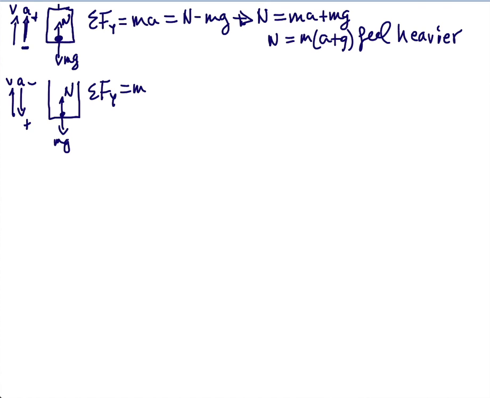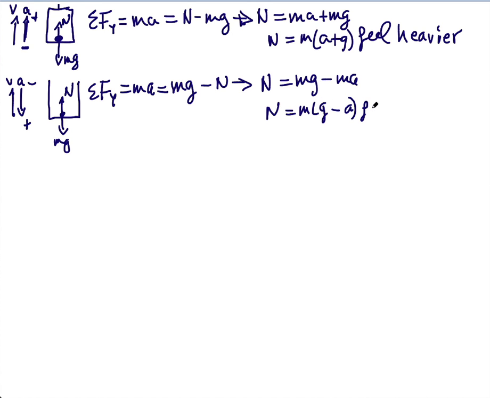You're accelerating, but this time the acceleration is down, which means mg is positive and normal is negative. So now when I go to solve for normal, I have to move it over to the other side and move the ma to this side, and that gives me mg minus ma, or normal equals the mass times (g minus a). So this time you're going to actually have acceleration counteracting your weight.